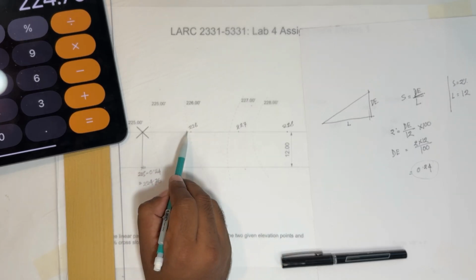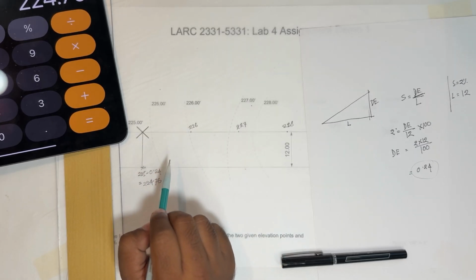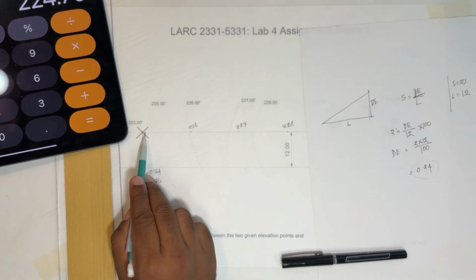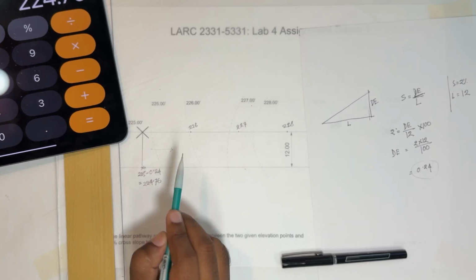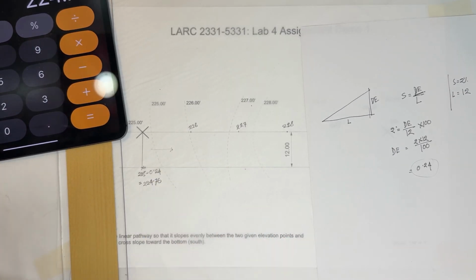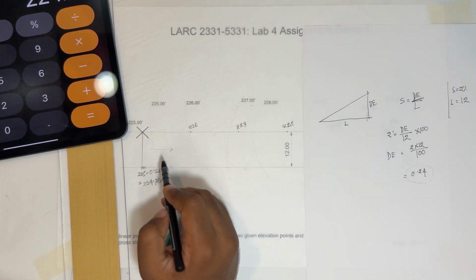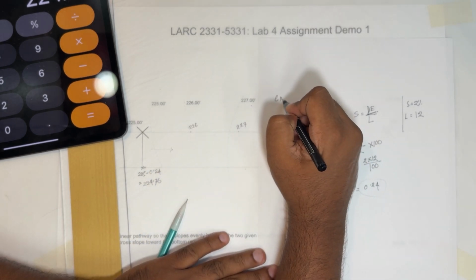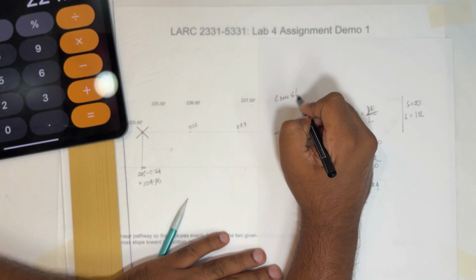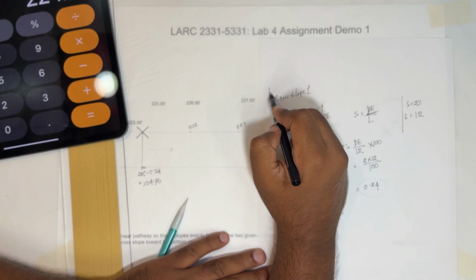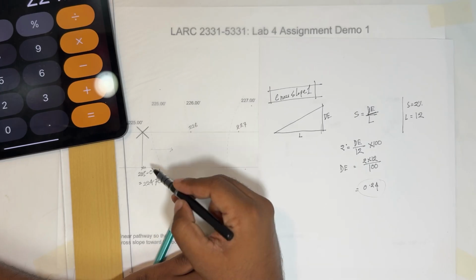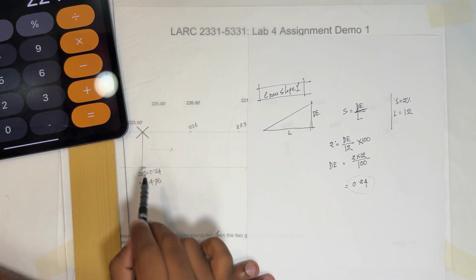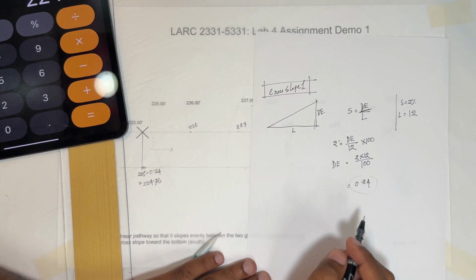We know that this difference is 17.2. So we can determine the road's slope this way. Let's do this calculation one more time, but for the length of the road this time, not the cross slope. This was the cross slope calculation. But to get the actual position of the 225, we need the slope in the length direction.